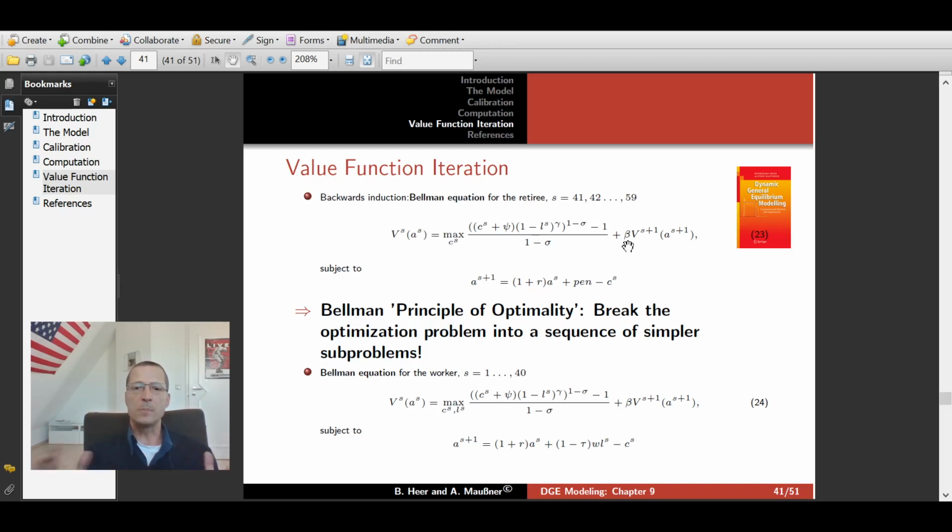We break the optimization problem, which, for example, for the 41-year-old retiree is an optimization problem in 20 controls, C41, C42, C43, up to C60, into much simpler subproblems, just maximizing instantaneous utility with respect to the current controls, consumption at age S, which implies next period wealth and therefore the value of the value function.